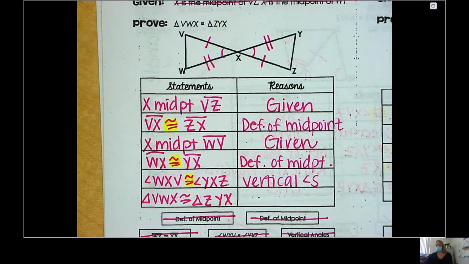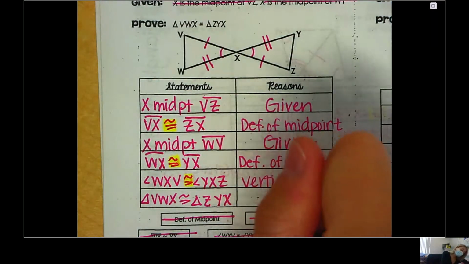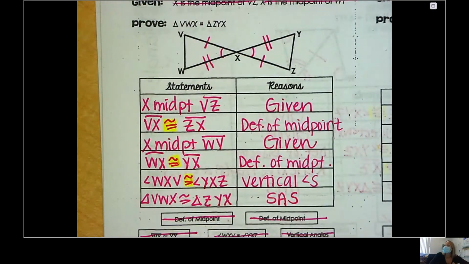Side, angle, side. Thumbs up, thumbs down. Do we agree with Bobo? Yes or no? Side, angle, side. Yeah, good. And now you're done. So again, if you are ever stuck and you're not quite sure what to do, if you cross everything off, process of elimination will tell you what's got to be left over. So that's the nice part about drag and drop ones with the word bank.